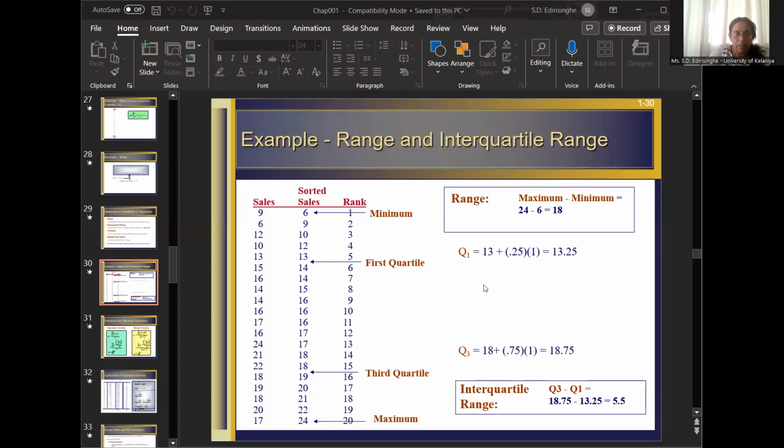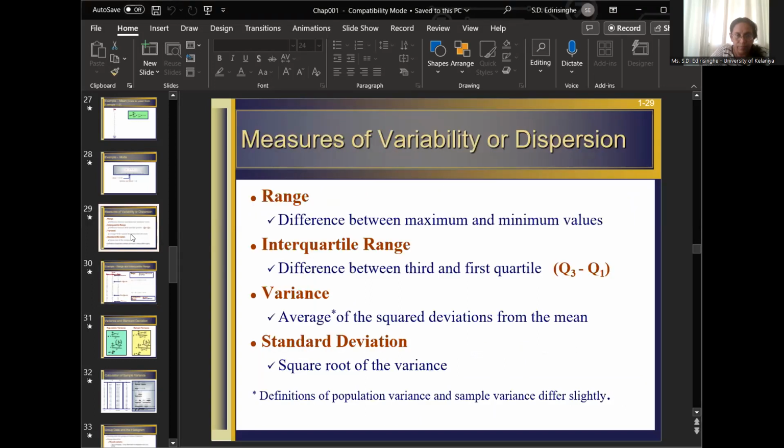Where we stopped last time: range and interquartile range. I will remind you what range is. It is the difference between the maximum and minimum values.